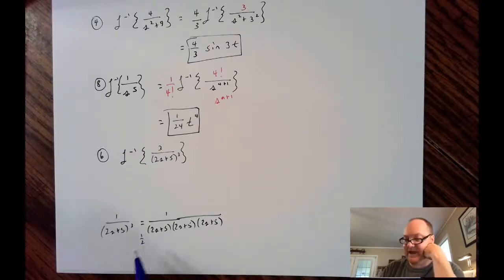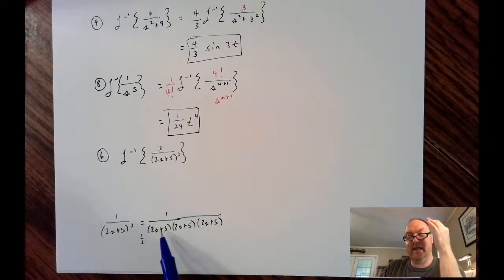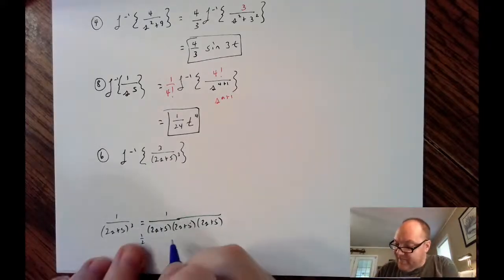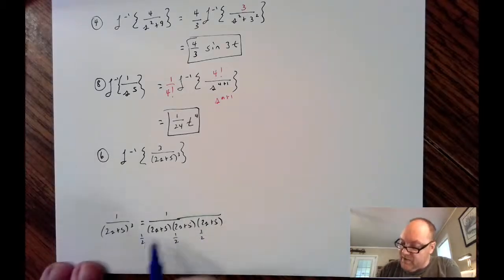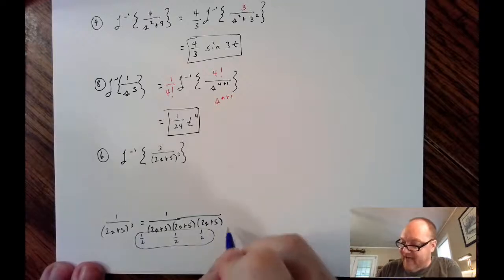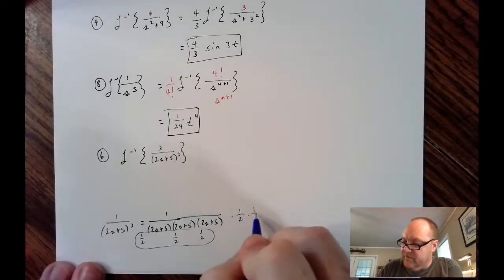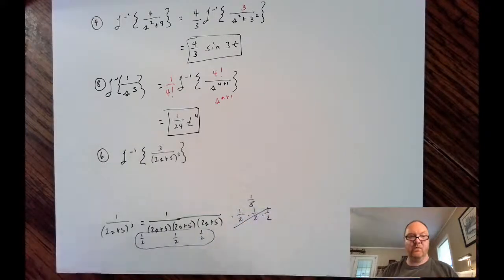A half times 2s, that would give me just an s, and it would also give me a 5 halves. But that 1 half, I can only multiply it one time. So I have a half there, I have a half I need here, and I have a half here. So really, what I'm needing to multiply by to fix that is a half times a half times a half, or a 1/8. A 1/8 will kind of reorganize that for me.